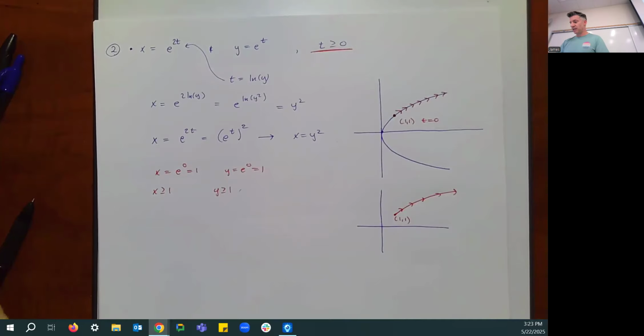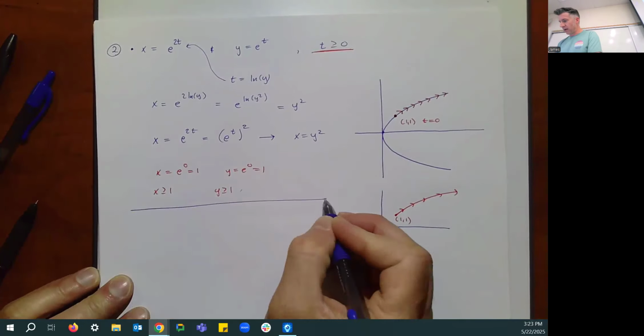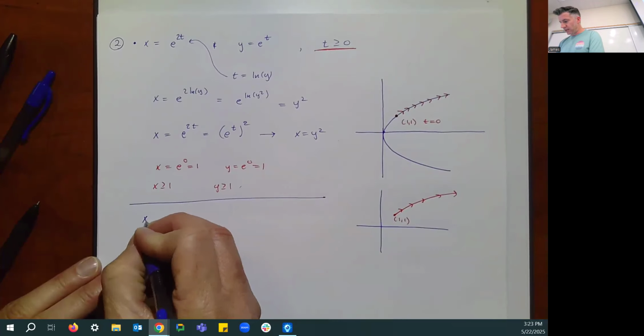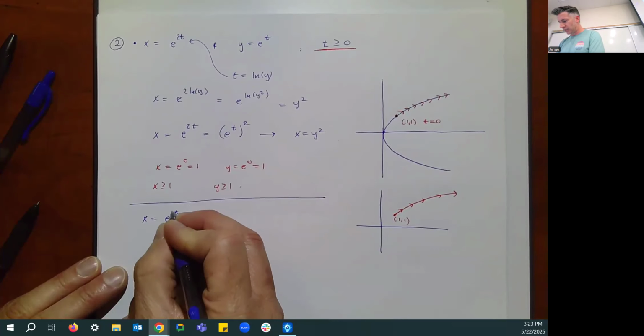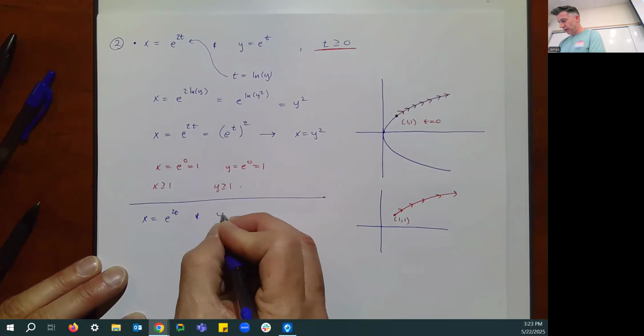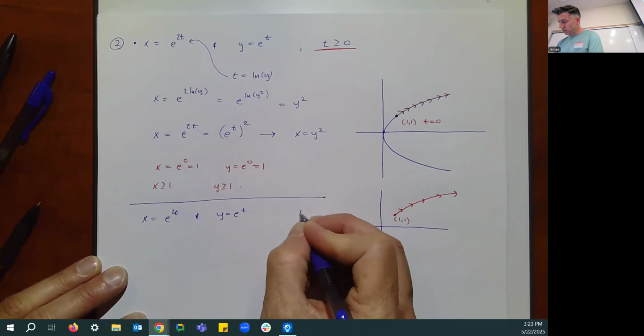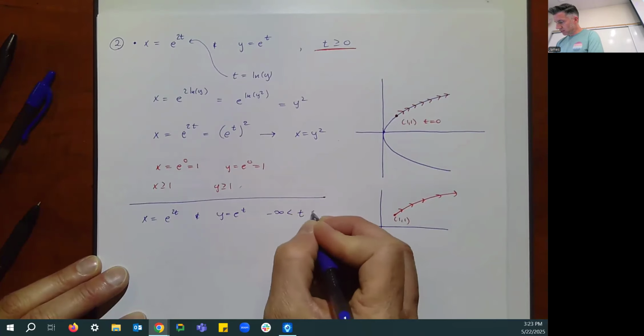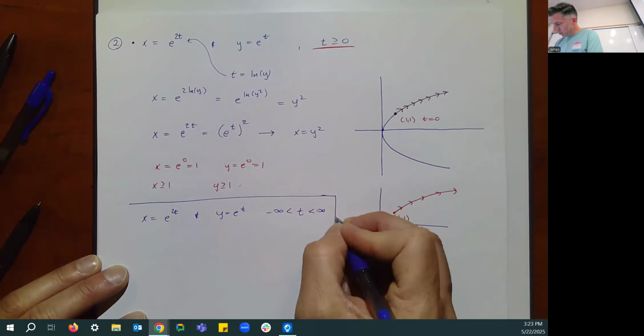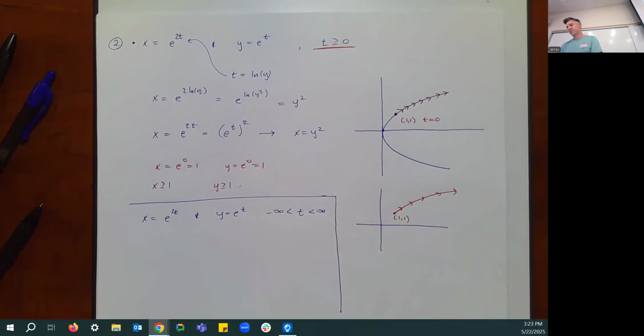If we had instead said, okay, let's say we have the same parameterization, x equals e to the 2t and y equals e to the t, and now t can be any real number. Well, what's e to the negative infinity?